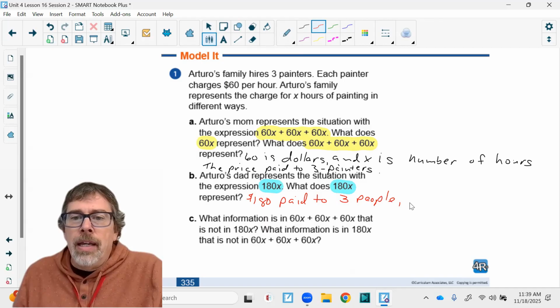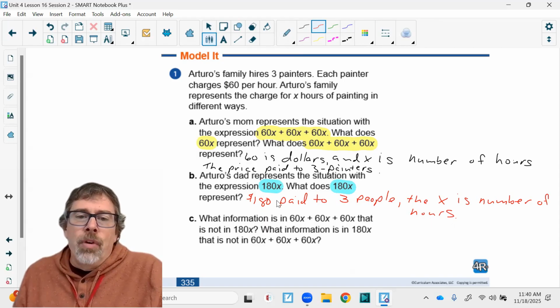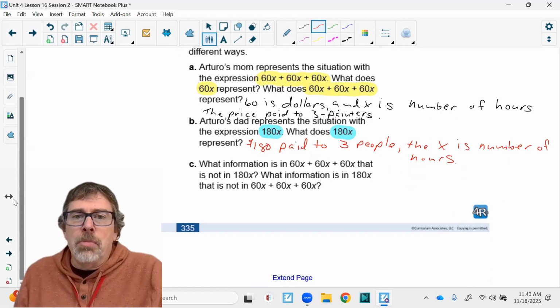The x is, again, the number of hours. So the mom is keeping each person separate and going to pay each person individually. Dad's just going to say, well, I'm paying $180 per hour for 3 guys, so I'll just calculate the total and let them split their money the way they like.